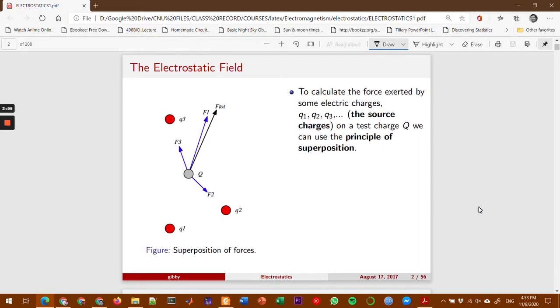So we'll start with this one. Let's say we have a system wherein na ako'y test charge Q, big Q, and then I also have this charges around it. You have Q1, you have Q2, and then you also have Q3. So, as we know, physics is the study of forces, energy, and its interaction.